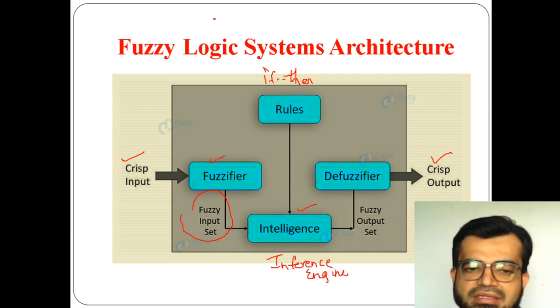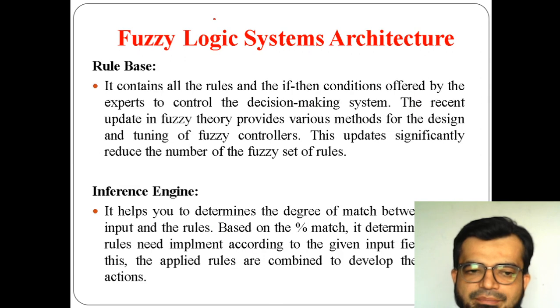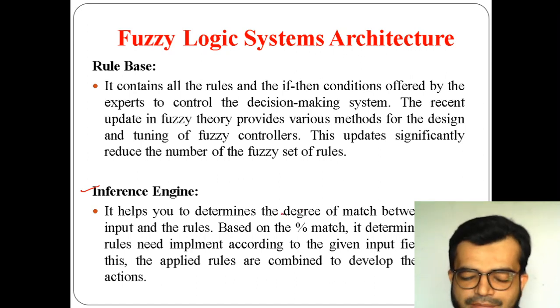So right now, you can think of intelligence as the second process, the inference engine. As I said just now, in the inference engine, whatever fuzzy set input you are getting from the fuzzifier, it also takes the rules. These are fuzzy rules.